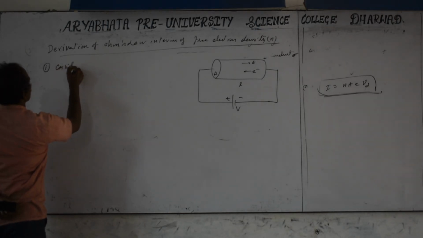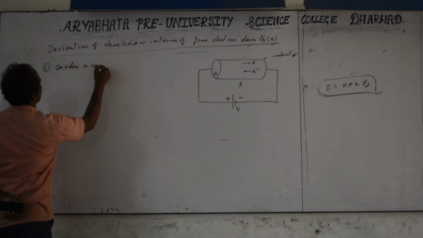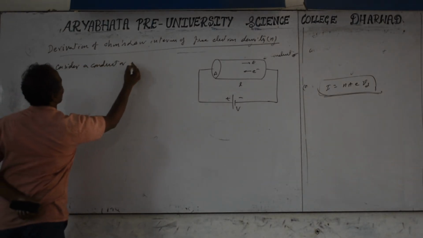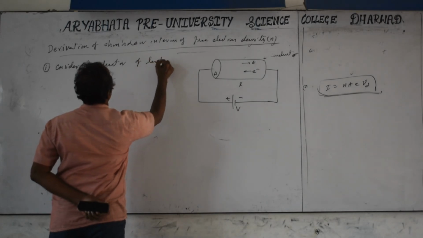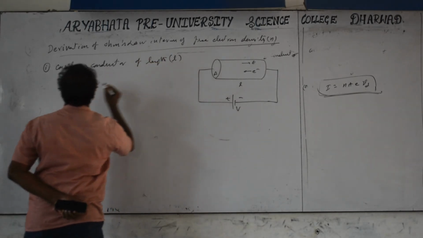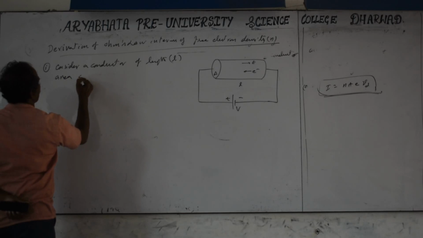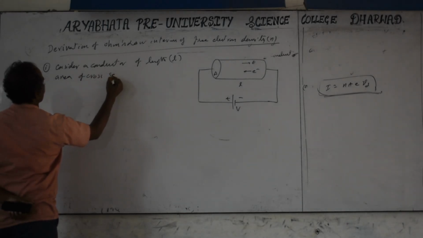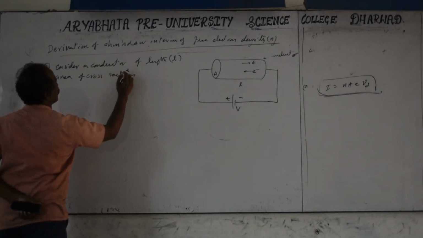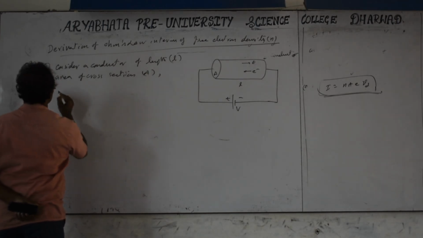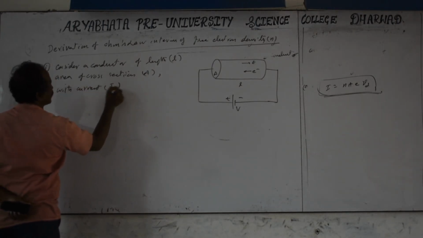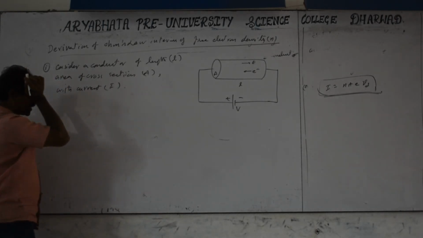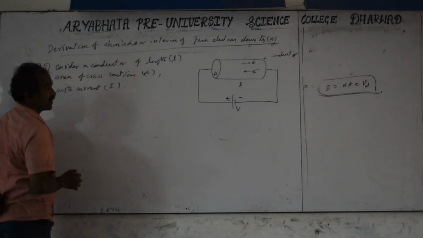Consider a conductor of length L, area of cross section A, with the current I. Same as the earlier point, but now the electric field and potential difference are required.